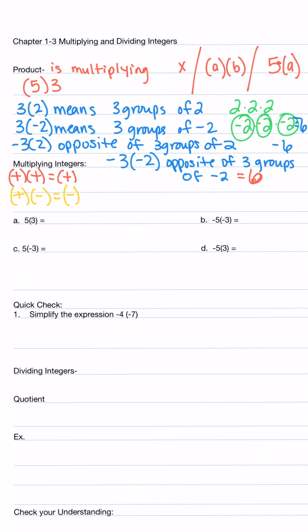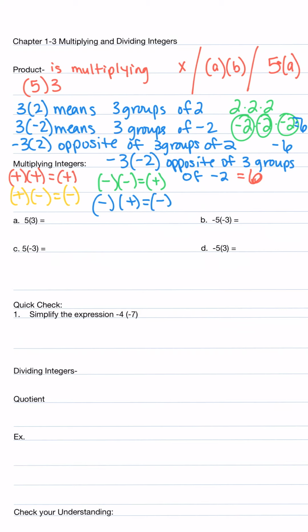If we have a negative times a negative, it's going to equal a positive. And if we have a negative times a positive, so it's just the inverse of the yellow one, it's also going to equal a negative.